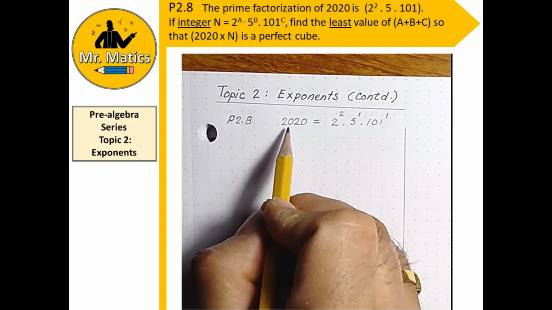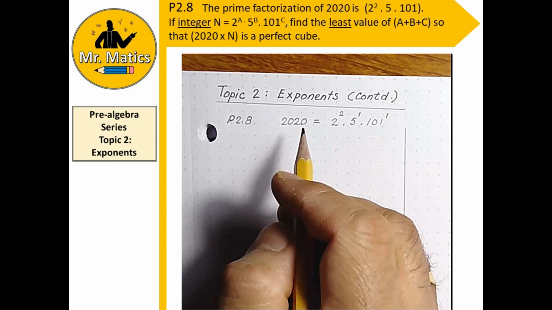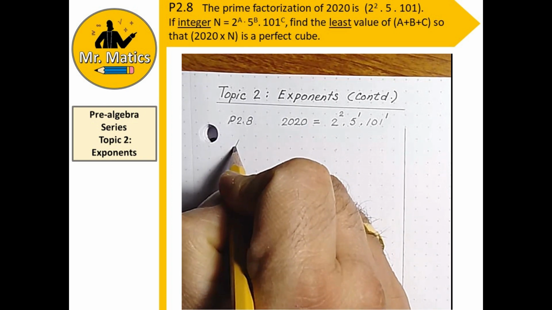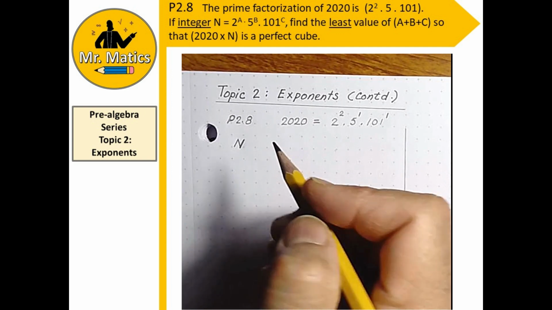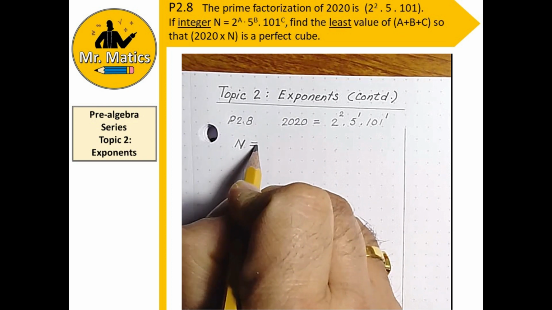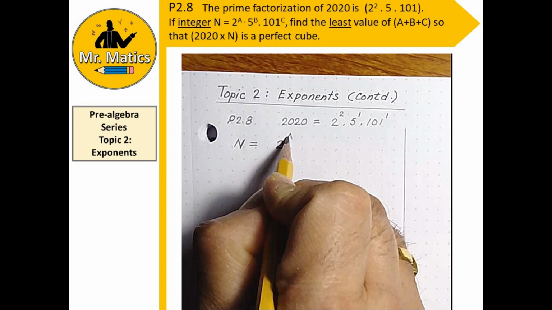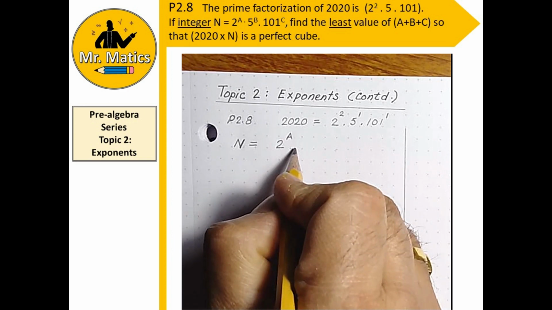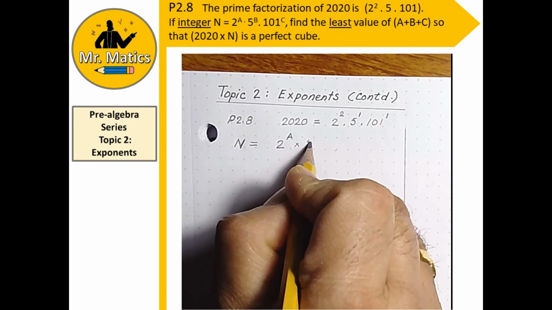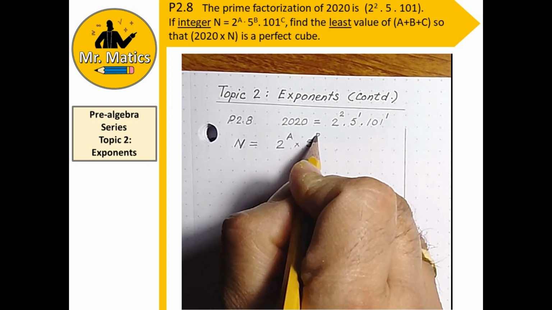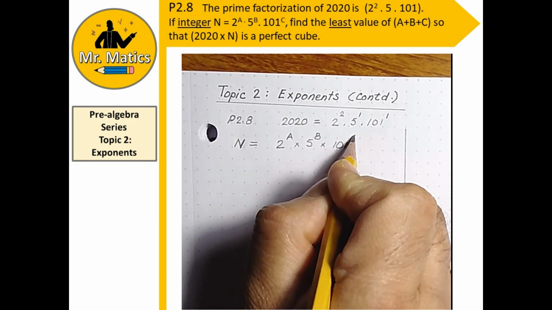Now this number 2020 is multiplied with an integer n, where n also has the same prime factors. Two has a power a, five has a power b, and 101 has a power c.